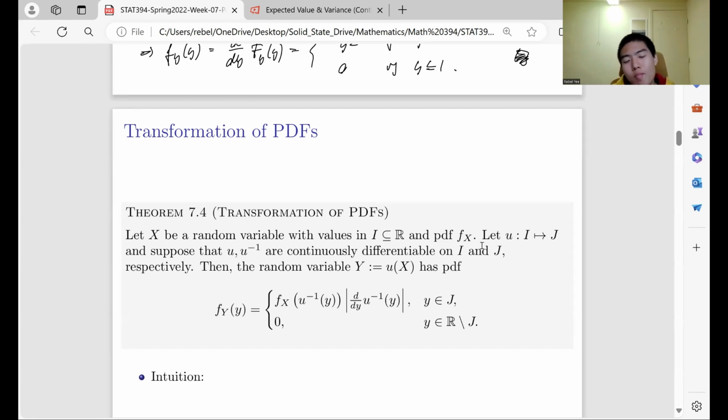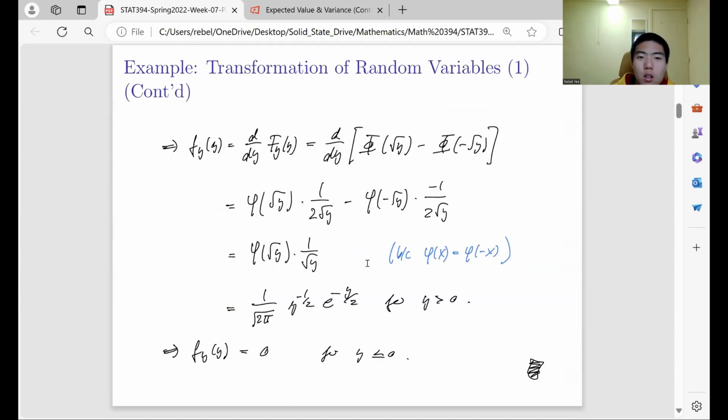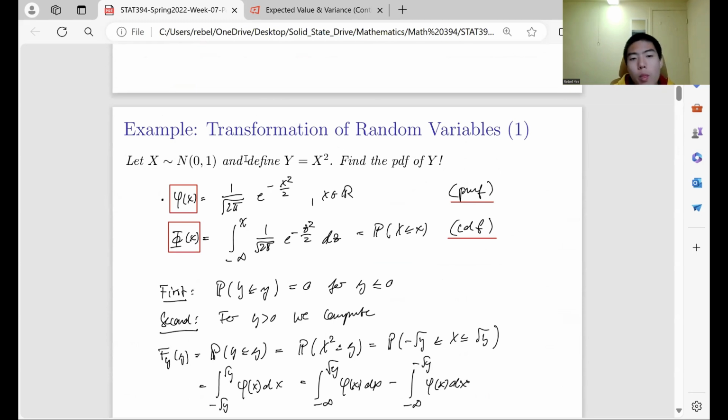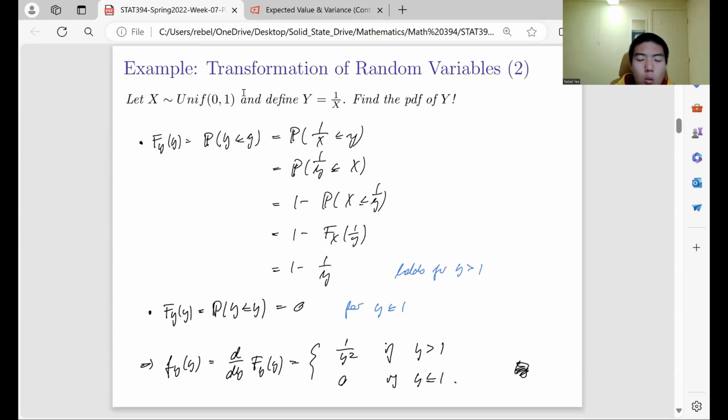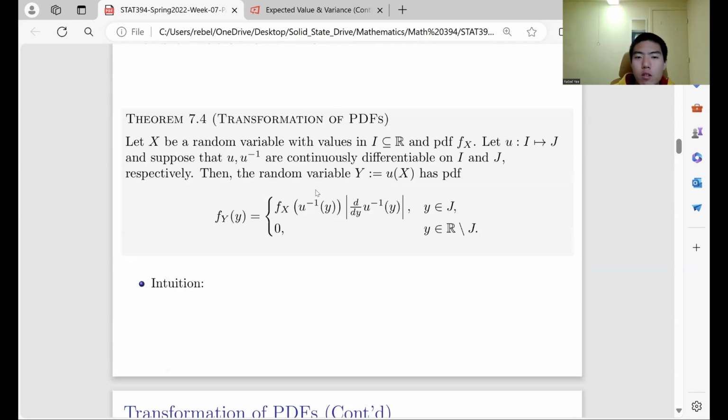And there's one transformation we denote by U. U goes from I to J. So in the last example, I is (0, 1), and Y is from 1 to infinity, because X is from 0 to 1. This is J. J is from 1 to infinity.